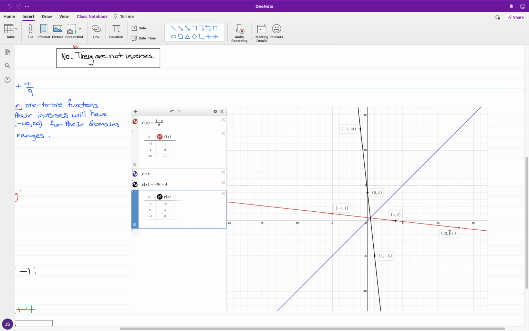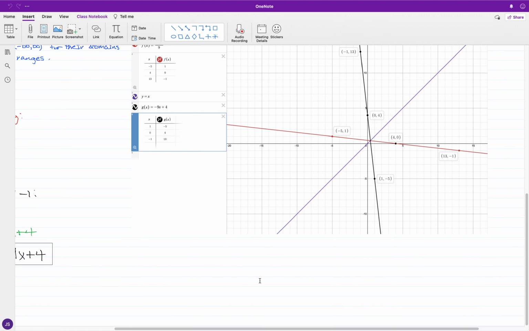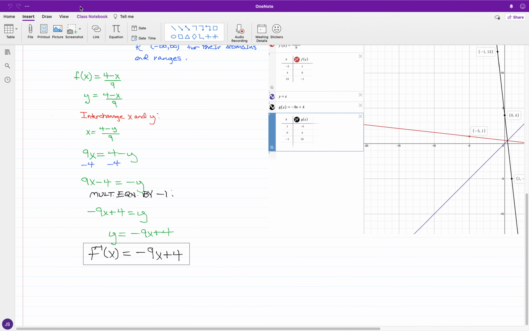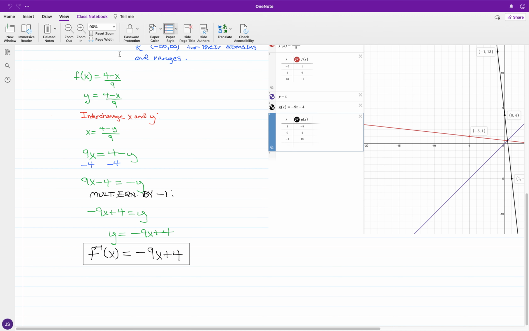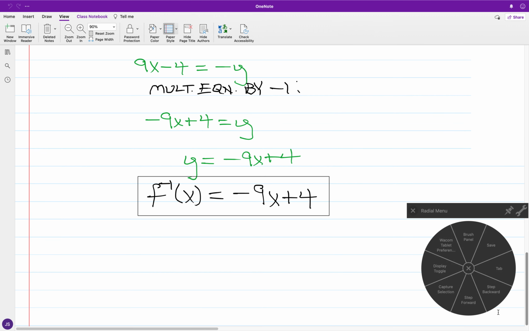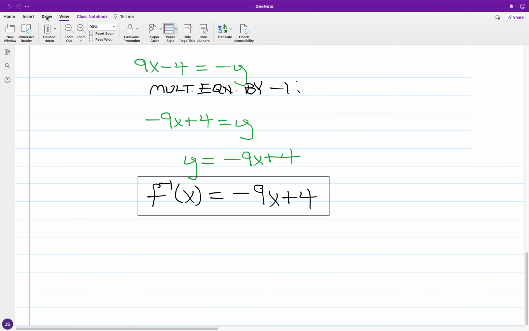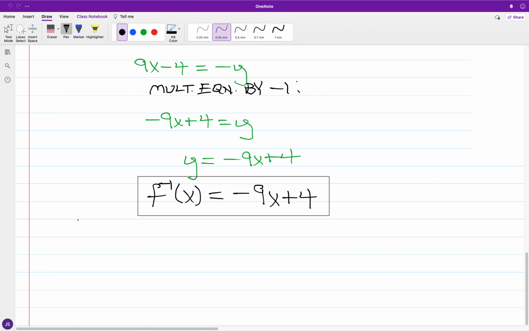All right. Now, in the case of one-to-one functions and their inverses, in item 43, now we have a nonlinear one-to-one function, h of x.